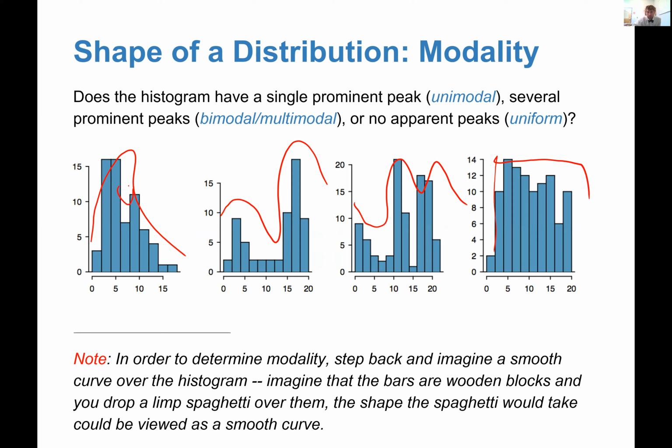If I had my bin width a little bit bigger, then I probably wouldn't see that, and it would still be roughly unimodal. Does that make sense? Whereas here on the third one, it really clearly goes way down and then up again.